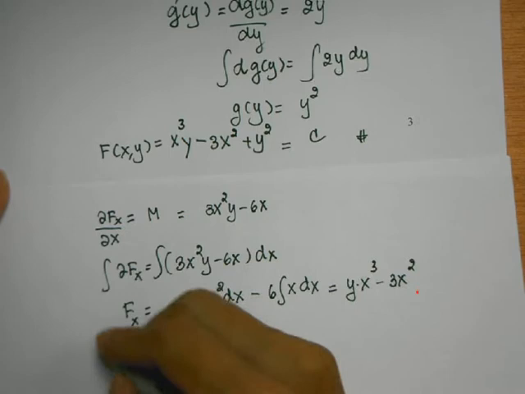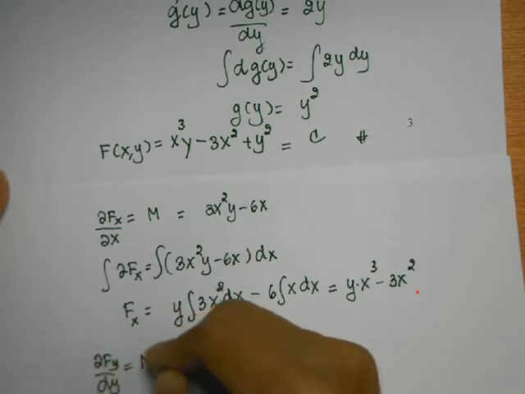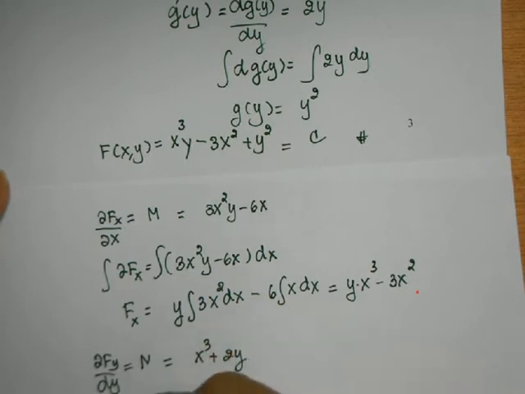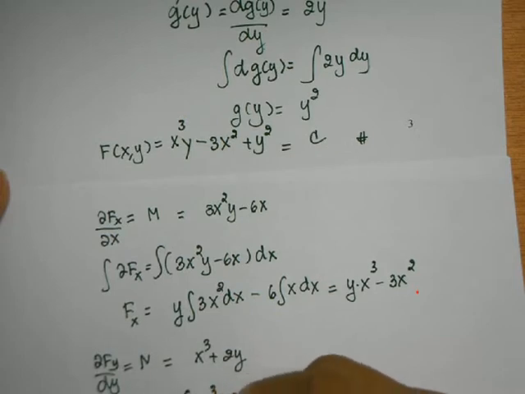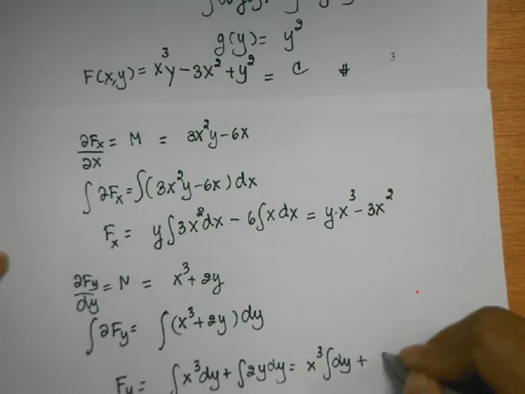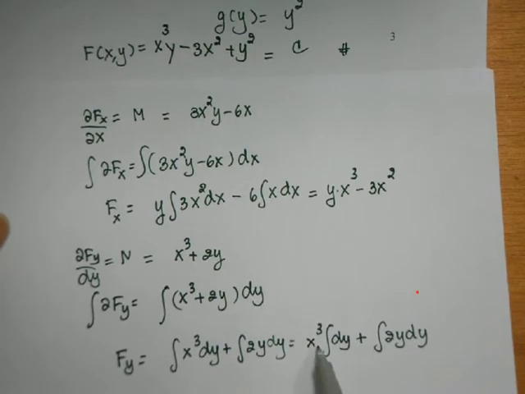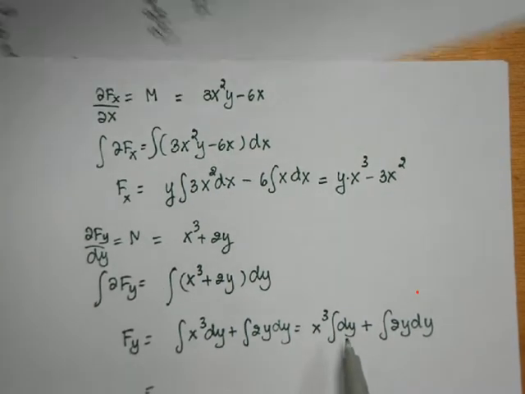And then you do the other one. When you integrate by dy, you look at x as a constant, so that's why you can take x out from the integral sign.